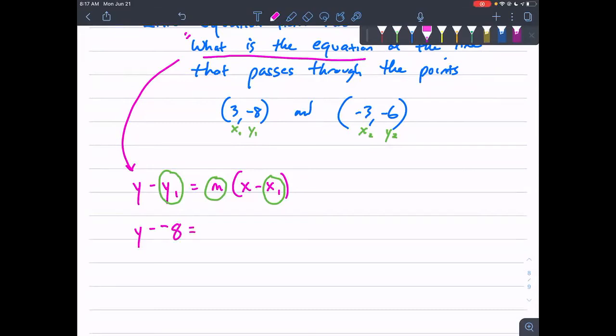M, though, I'm going to save that for now because we don't know what m is. I'm going to do that off on the side here in just a second. But x minus x1 is 3.